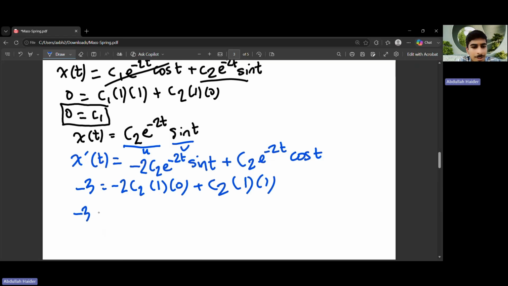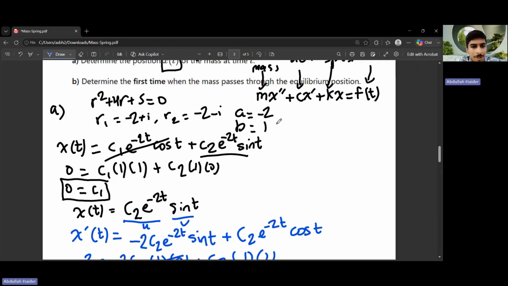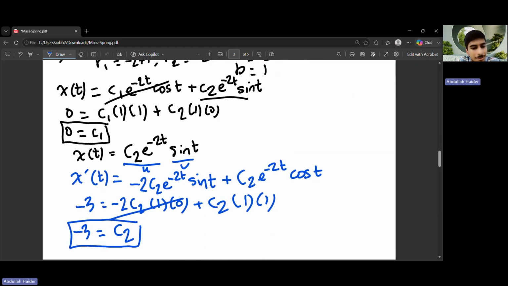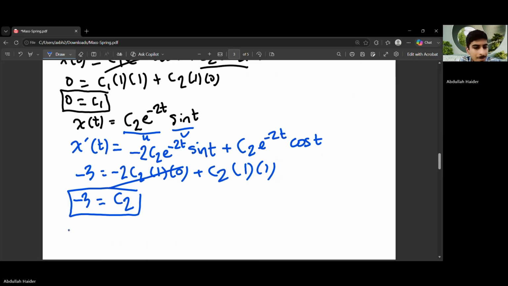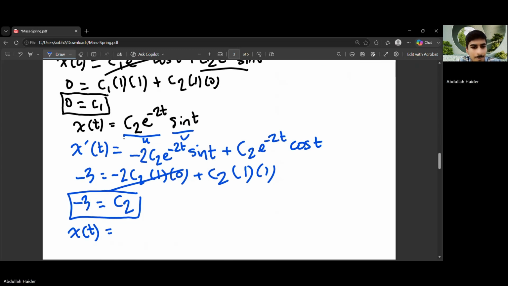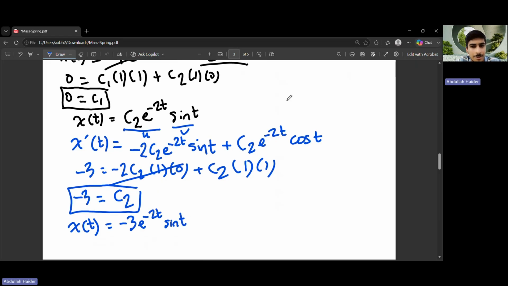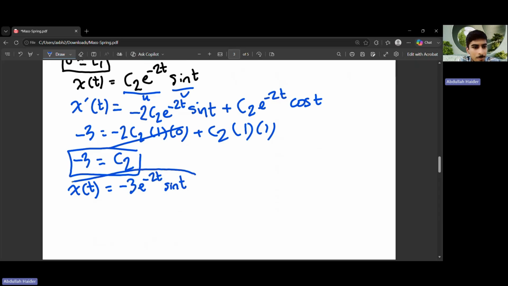So the whole thing is 0 plus C2, so C2 is minus 3. Finally, you can write your x of t. So x of t is minus 3 e power minus 2t sine t. This is the final answer for x of t.